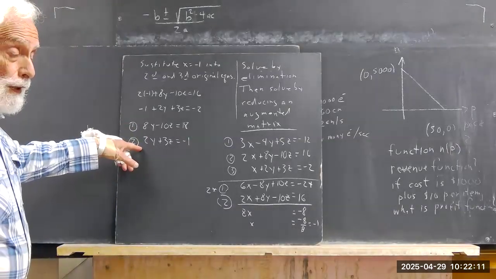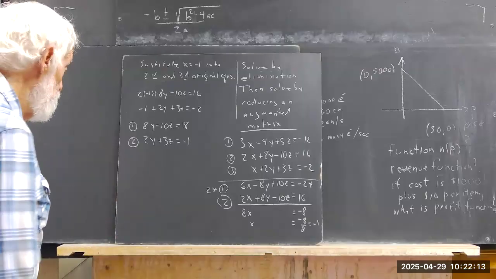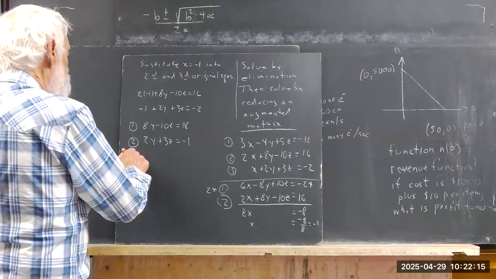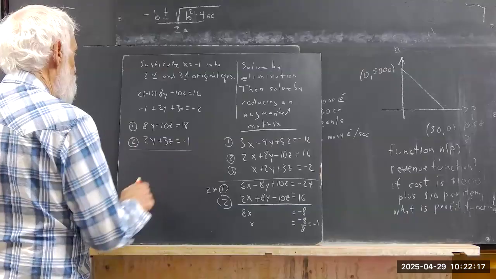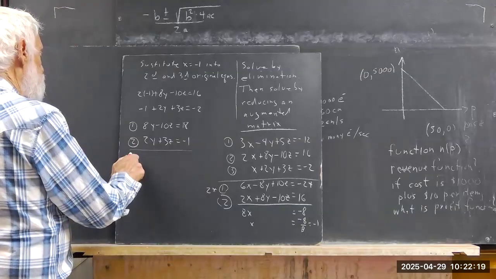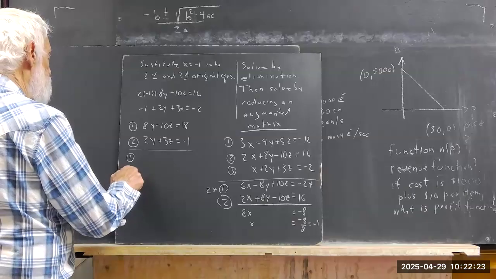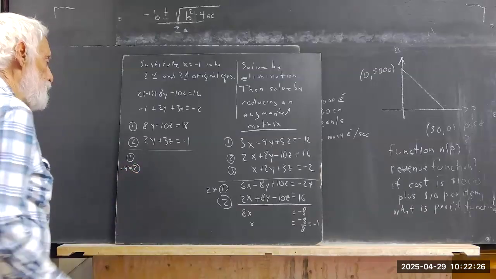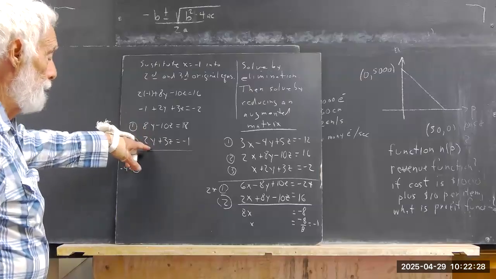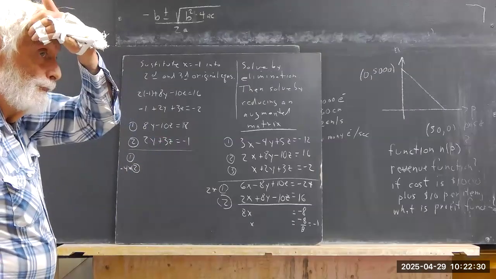Now we want to solve this system. So we write equation 1 and -4 times equation 2. That will eliminate y.